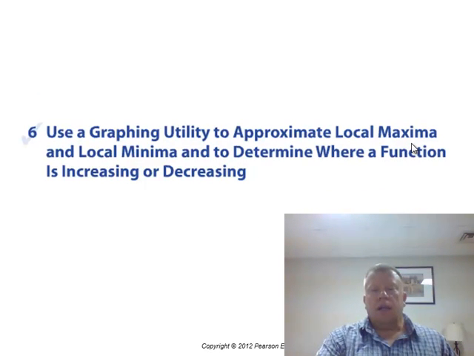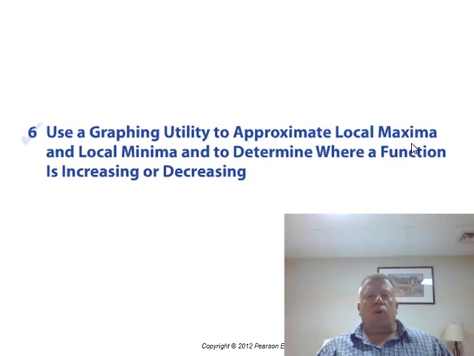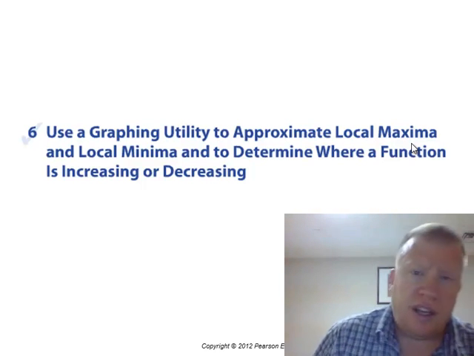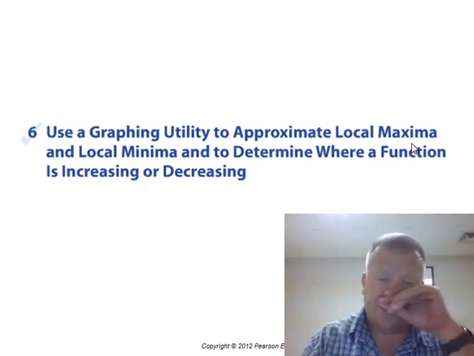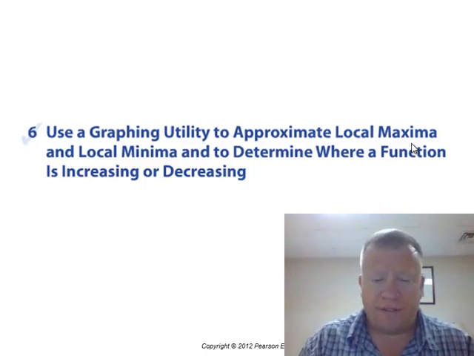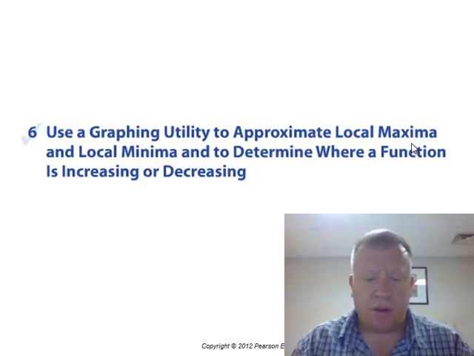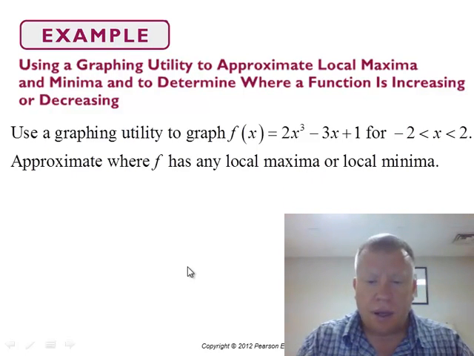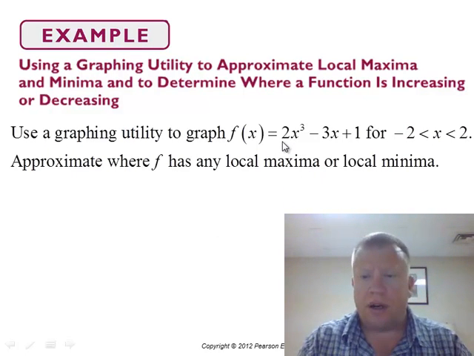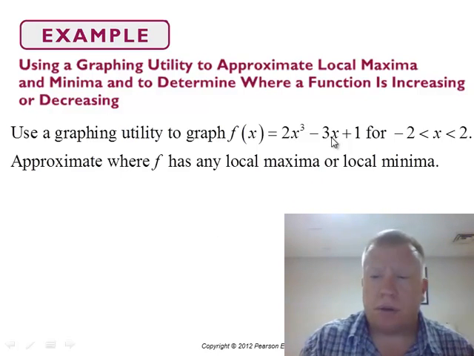All right. Now, here's where you get to pull out your graphing calculator, and I'll show you on your TI-84 or whatever calculator how to graph a function and find its maximum and minimum values, at least a local max and local min. Okay, so pull out your graphing calculator, and we're going to put in this function right here, 2x cubed minus 3x plus 1.